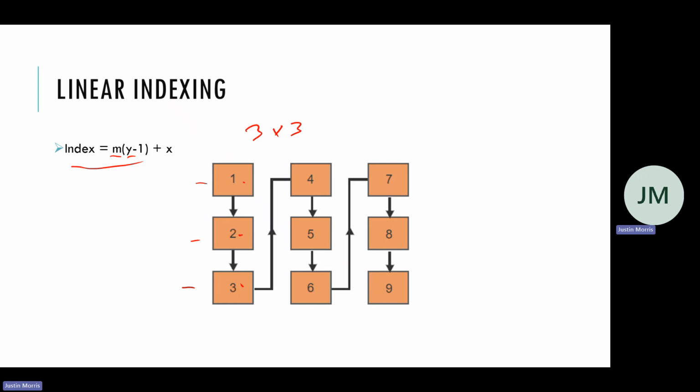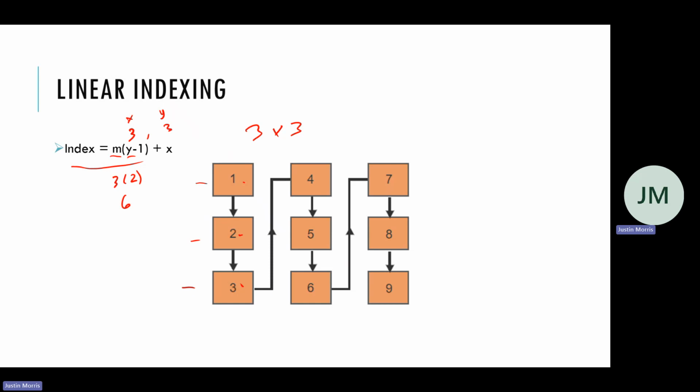Okay, so let's just do an example. Let's say that we wanted to access 3, 3. So this is x, this is y. So y minus 1 is 2. M is 3. So this is 6.